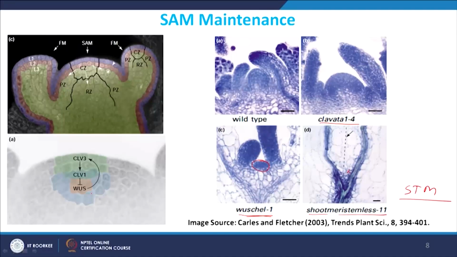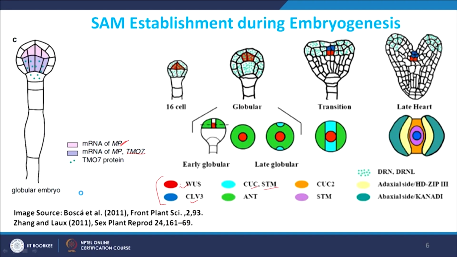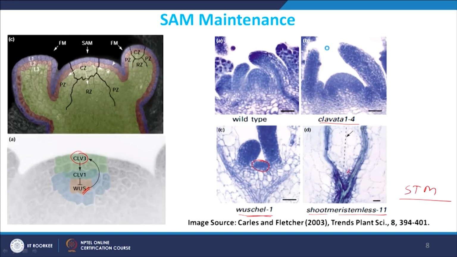So in a very general way, CLAVATA3 is expressed here, and the expression of CLAVATA3 is activated by WUSCHEL. If you recall, WUSCHEL is first expressed here. WUSCHEL is expressed early, then WUSCHEL activates expression of CLAVATA3.